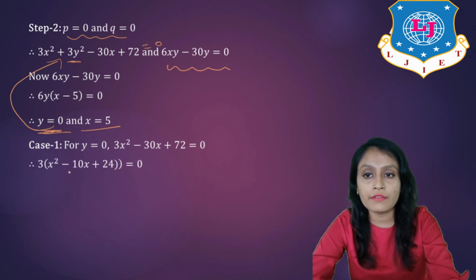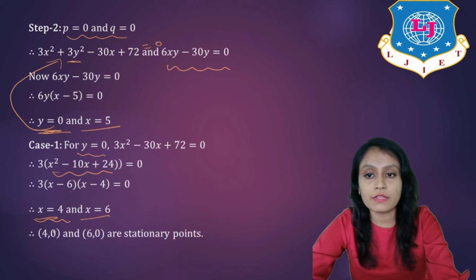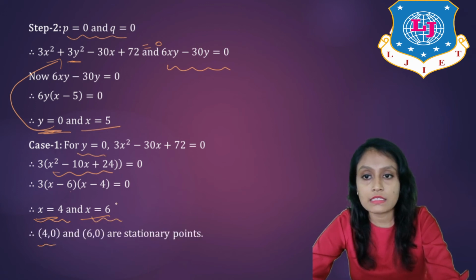Simplify this, and we have to find the factors. So you will get 3 into (x minus 6) into (x minus 4) equal to 0. From this you will get the value of x equal to 4 and 6. Now here we have x as 4 and y 0, so the point will be (4, 0). X as 6 and y 0, so you will get (6, 0) as a stationary point.